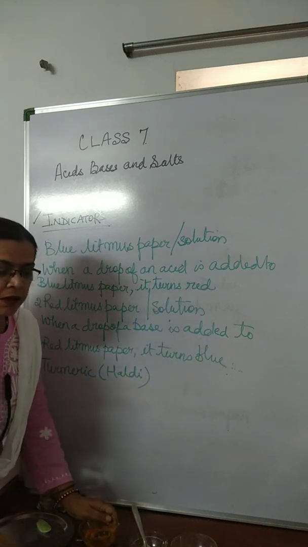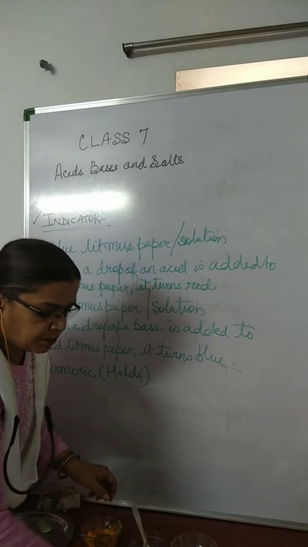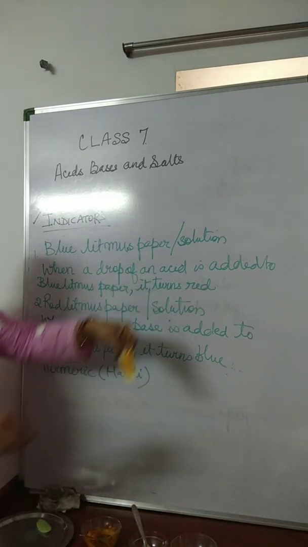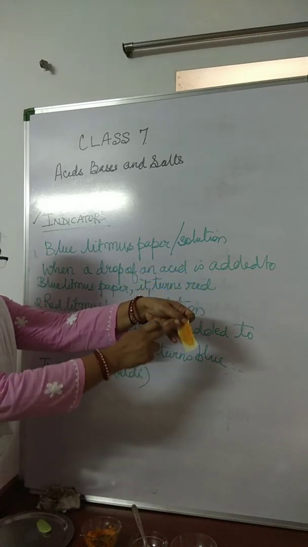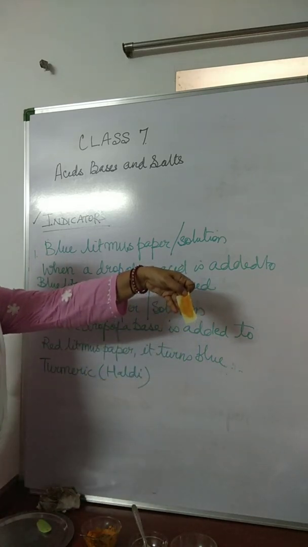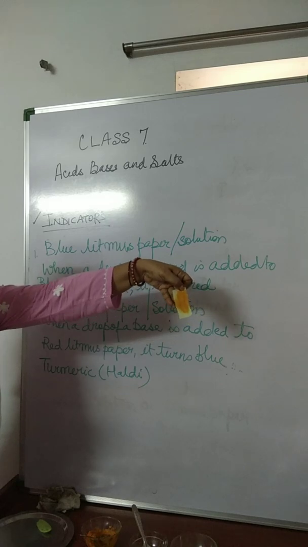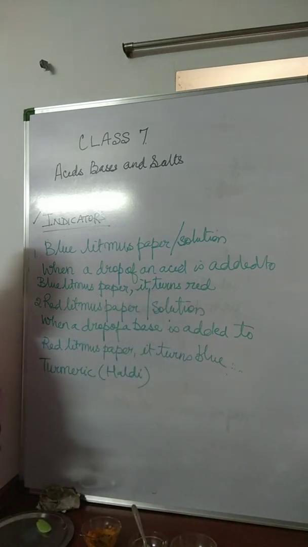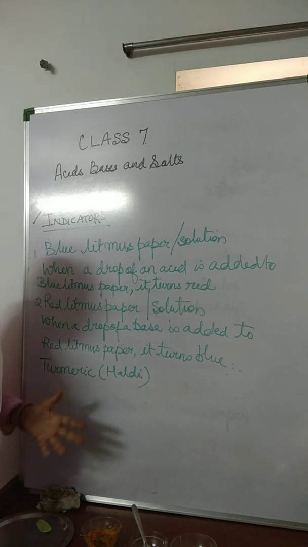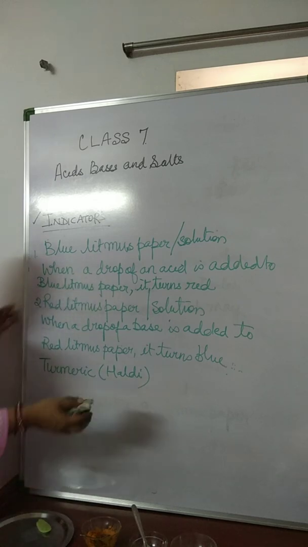We can prepare our own strips by placing this haldi paste on this paper or on this cloth. In my case, I have taken a cloth. We allow this to dry and we will carry out a simple experiment, an activity more or less we should say. So let us do the activity.